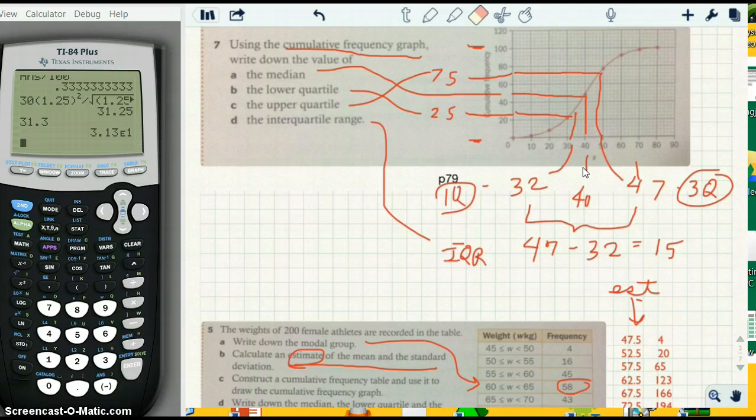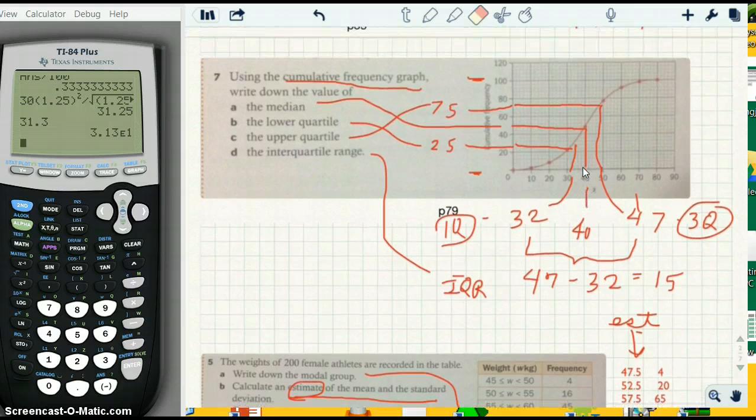Okay, so now we're going to answer the question. So we see how we use the graph. First thing we're going to do is find the median. Since the maximum number is 100, the halfway point would be 101 divided by 2, so that would be 51. So it would be at 50, 51, we draw it.